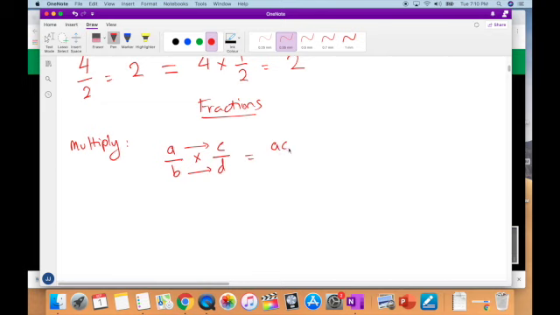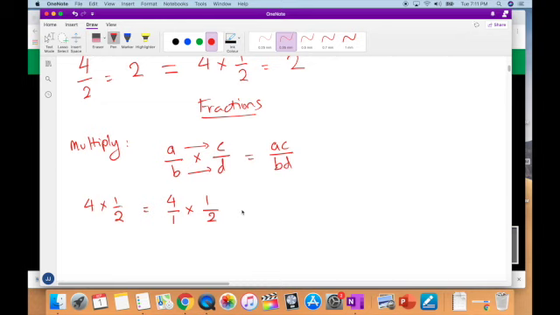So ac over bd. So in this example here, we had 4 multiplied by a half. But you didn't realize that these are actually 2 fractions: 4 over 1 multiplied by a half.